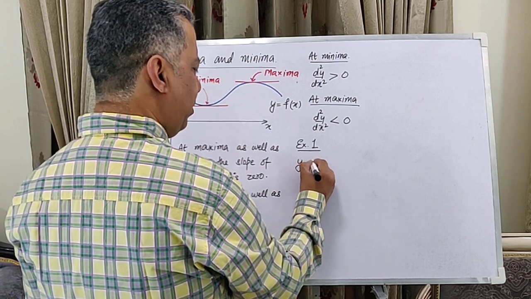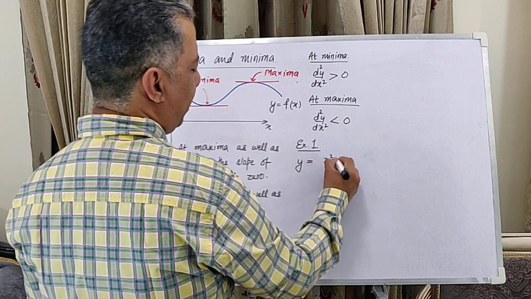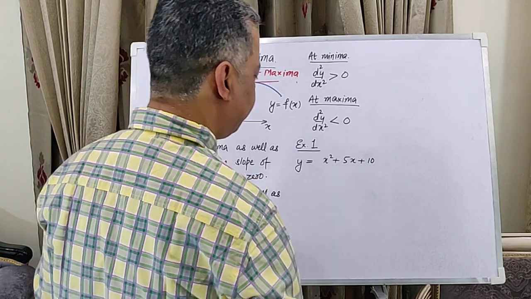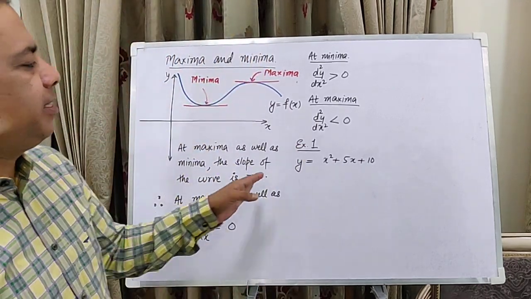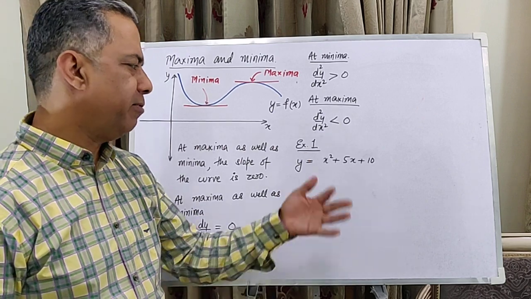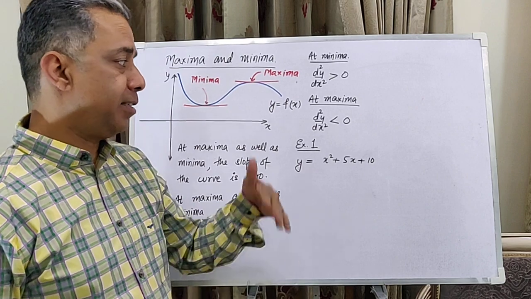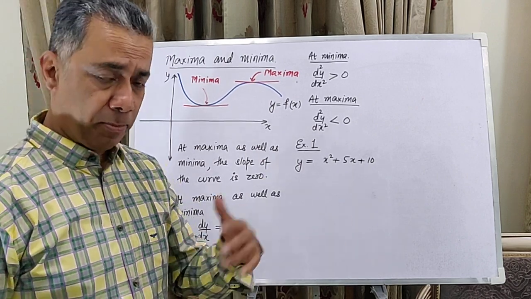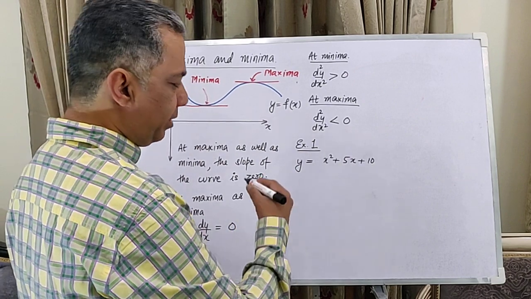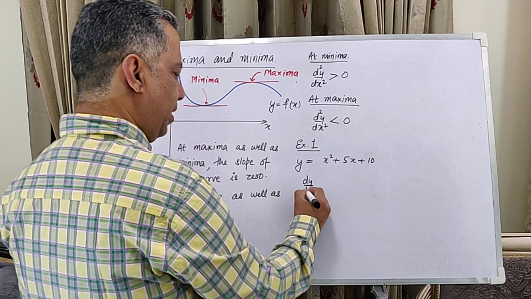Suppose you are given y equals x square plus 5x plus 10, and we are interested in finding out its maximum or minimum value, whatever we can find. Also we have to figure out whether it has a maximum value or a minimum value or both. So let's first do the first thing, and that's finding the derivative.